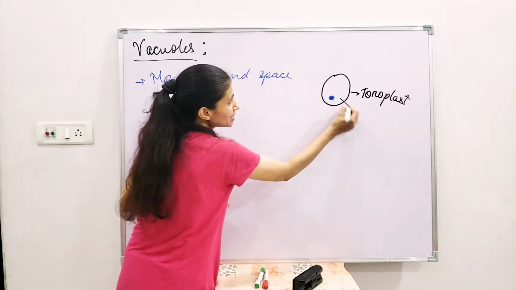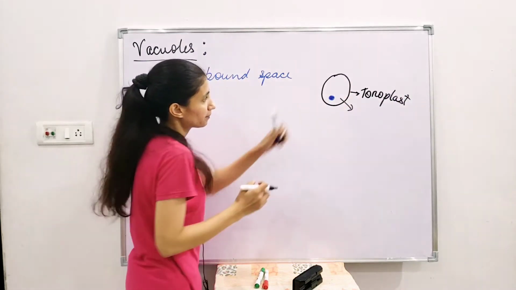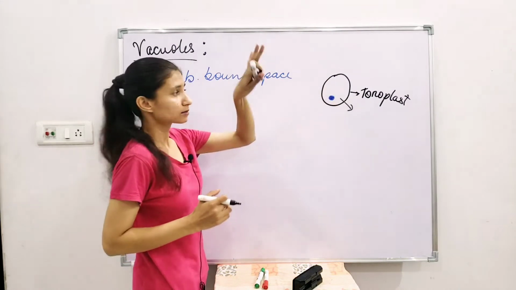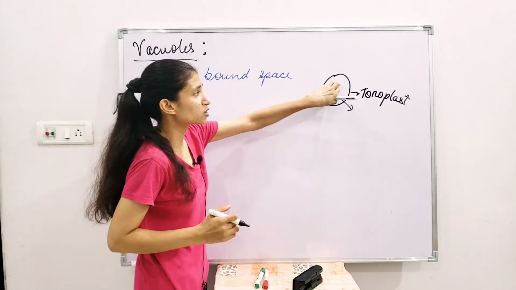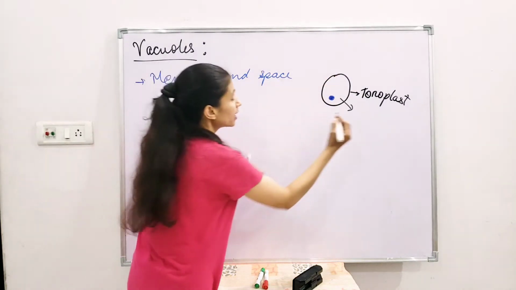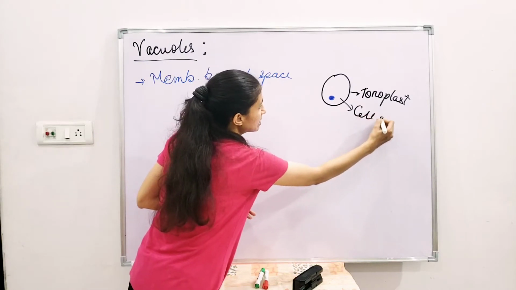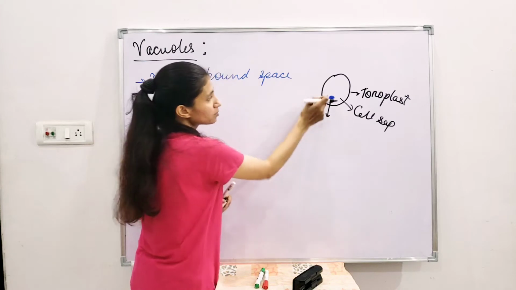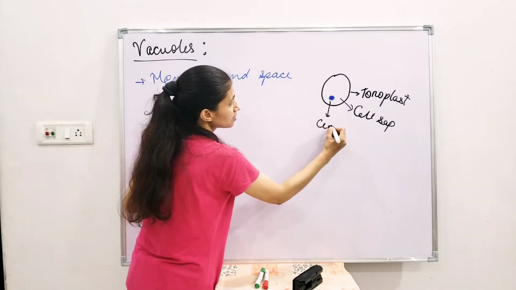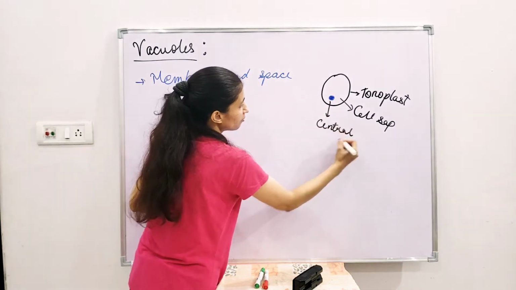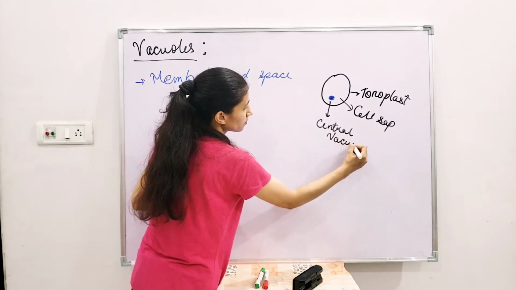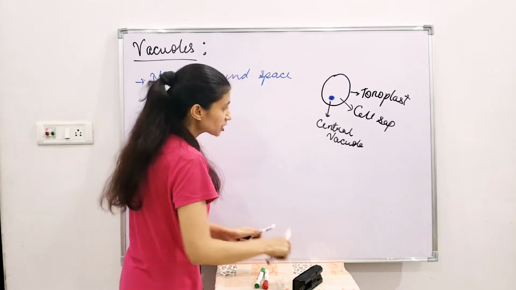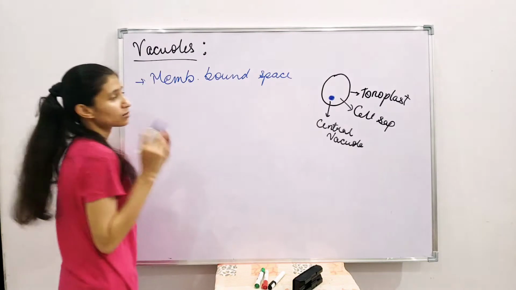Inside this whole area, the lumen or inner space of the vacuole, is filled with cell sap or water, and this small one is called the central vacuole. So what does this vacuole contain?